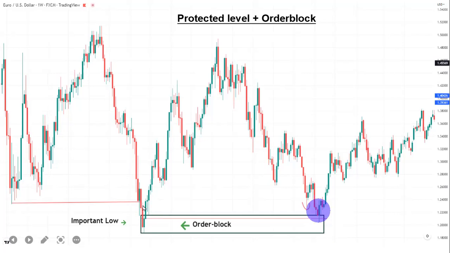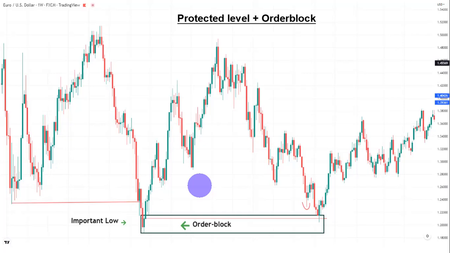So you mark out the last down close candle before we see price move back up. Now, this is where I was telling you, guys, the order block is not just limited to the last down close candle before the strong movement of price at the upside, or the last up close candle before the strong movement of price at the downside. No, it is not limited to that.